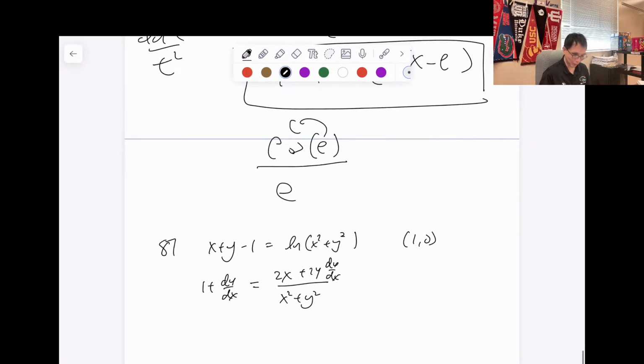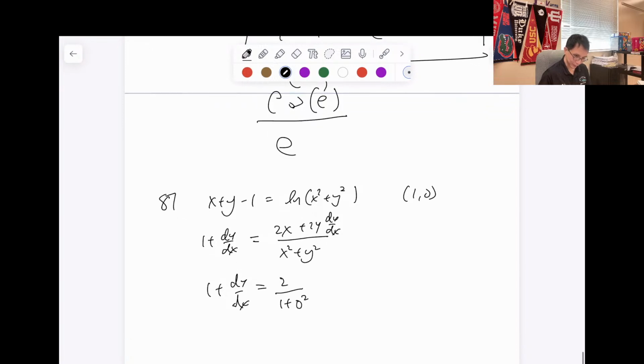So I'm not plugging out a value, so that's going to be 2 plus, you plug it in there, that's going to be 0, so that's 0 here, over 1 plus 0 squared. 1 plus dy/dx. dy/dx is equal to 1. 2 minus 1.